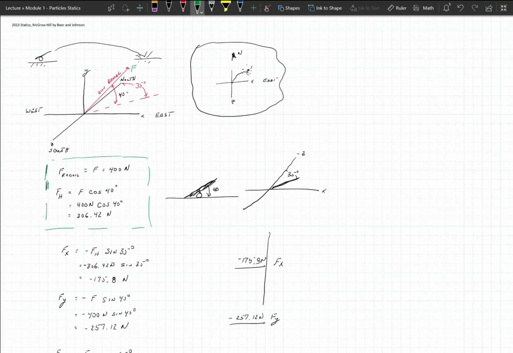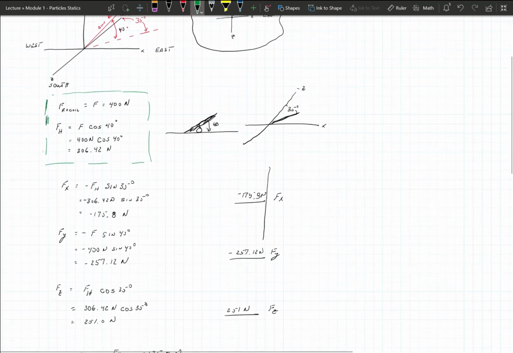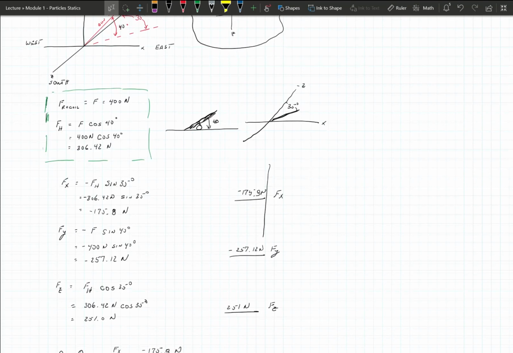That allowed me to then break the x component out of the F of h. And then F of z is the other component of that, while F of y is still the original 400 times the sine of 40 degrees to get that one.